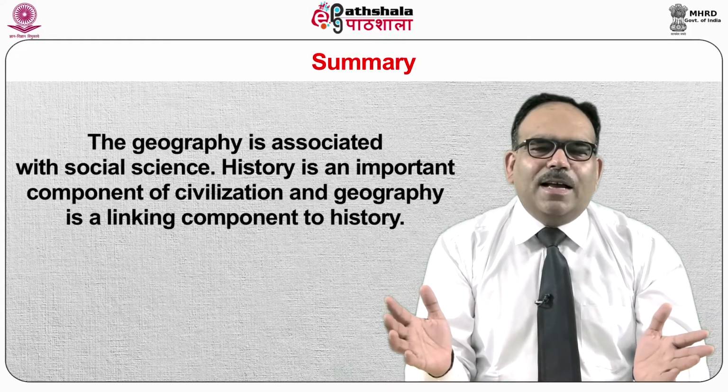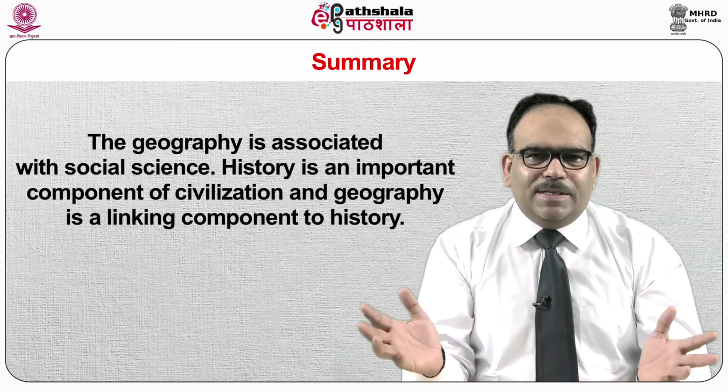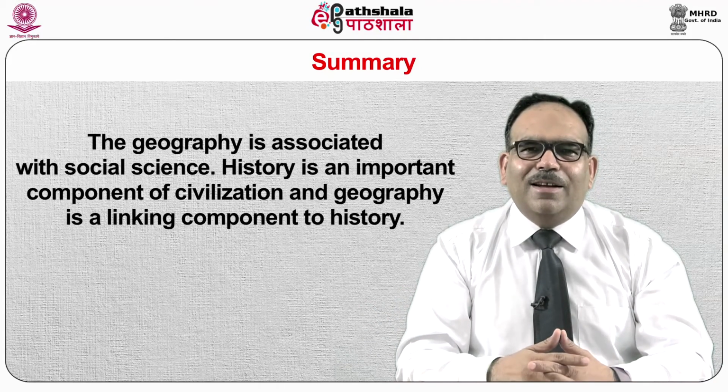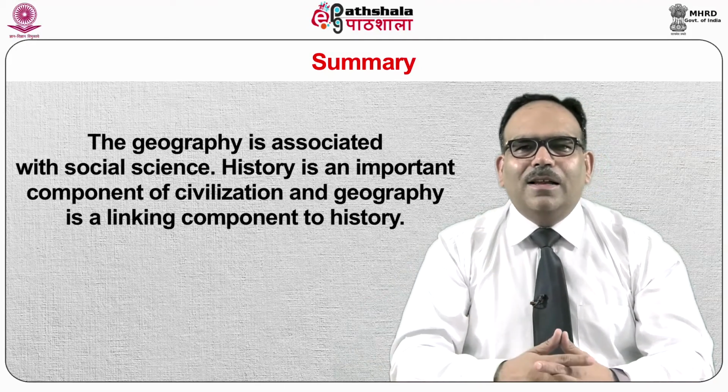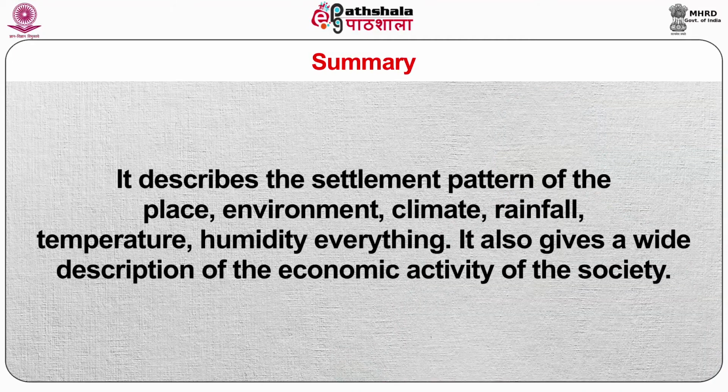Geography is associated with social science. History is an important component of civilization, and geography is a linking component to history. It describes the settlement pattern of the place, environment, climate, rainfall, temperature, humidity, everything.